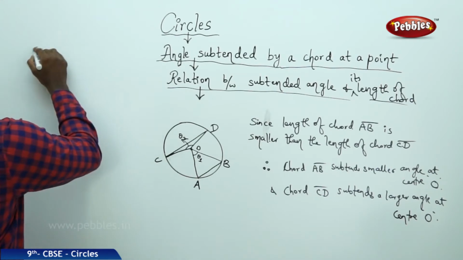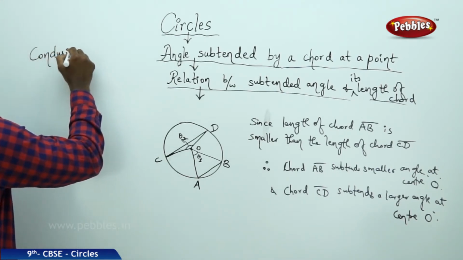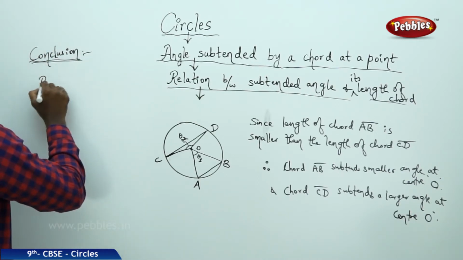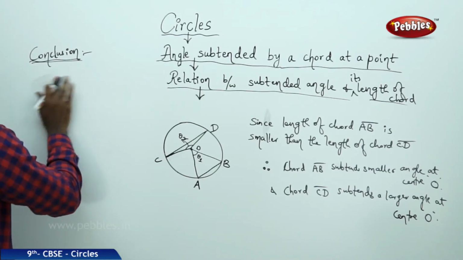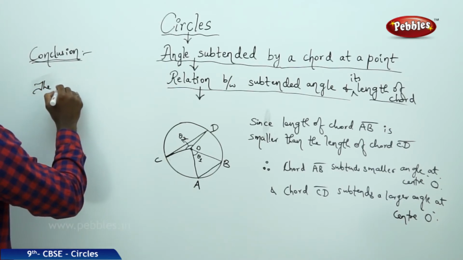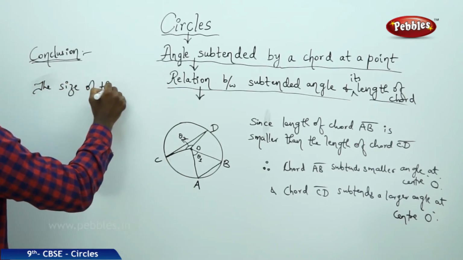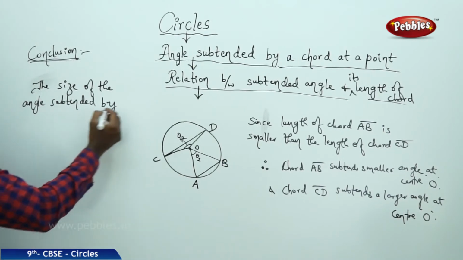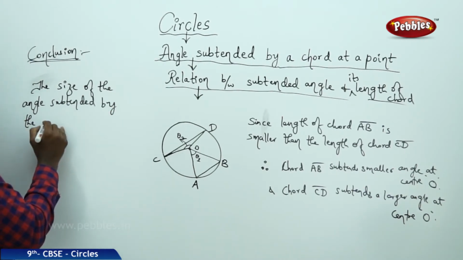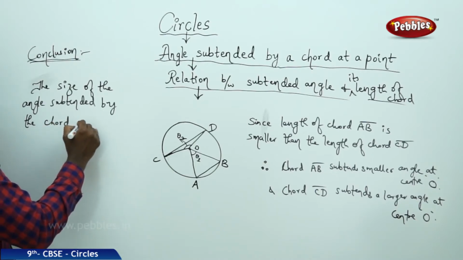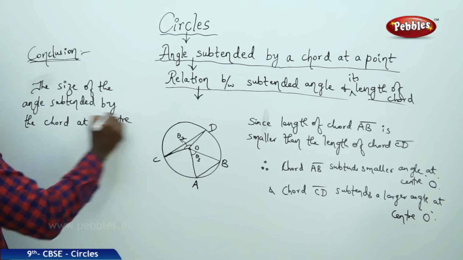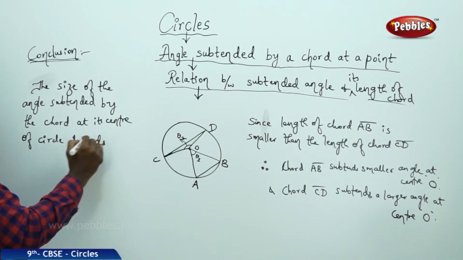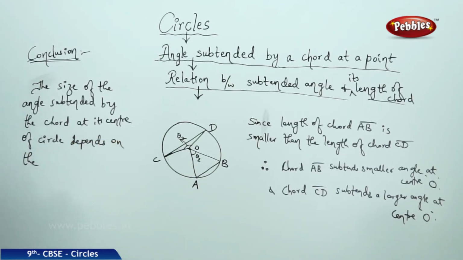So here we come with the conclusion that the size of the angle subtended by the chord at its center of circle depends on the length of the chord.